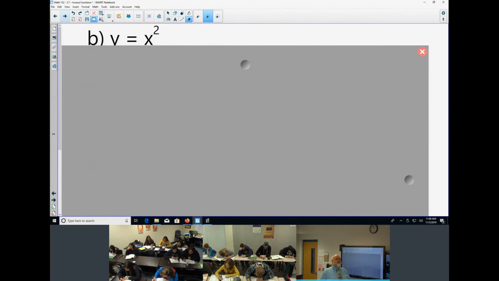Don't be grabbing for that calculator. You know what that looks like. Now, using y equals x as that mirror, that line of symmetry, see if you can draw the inverse, the reflection through the line.